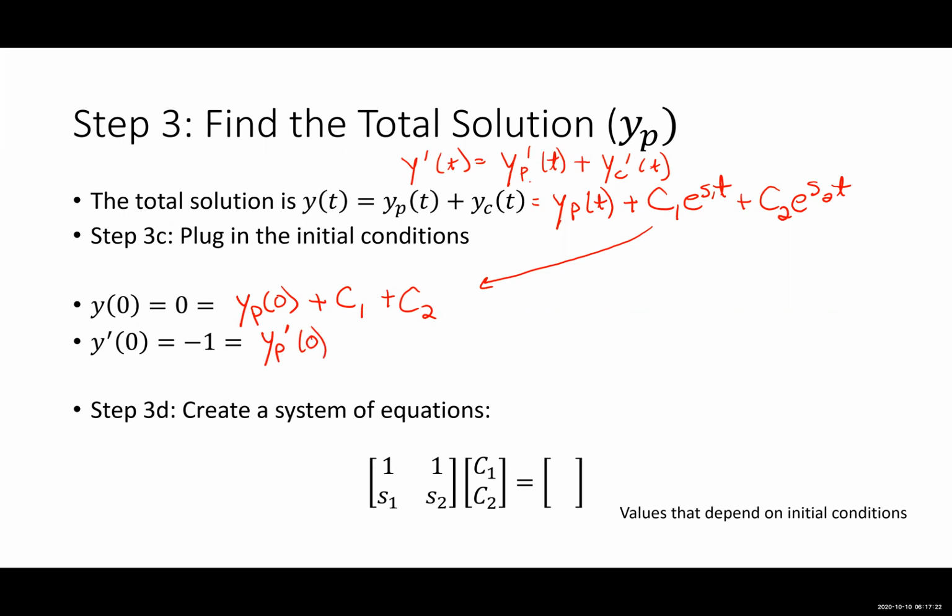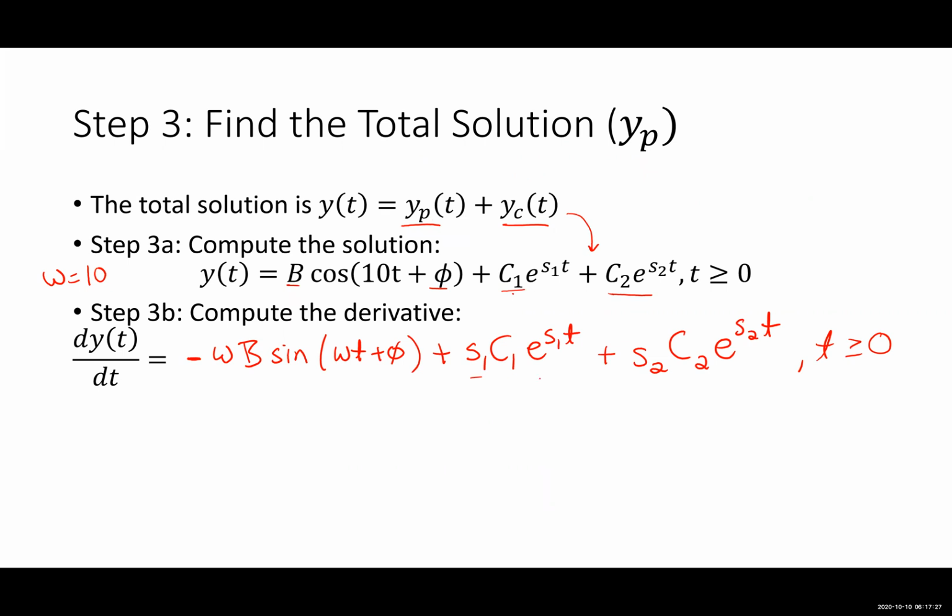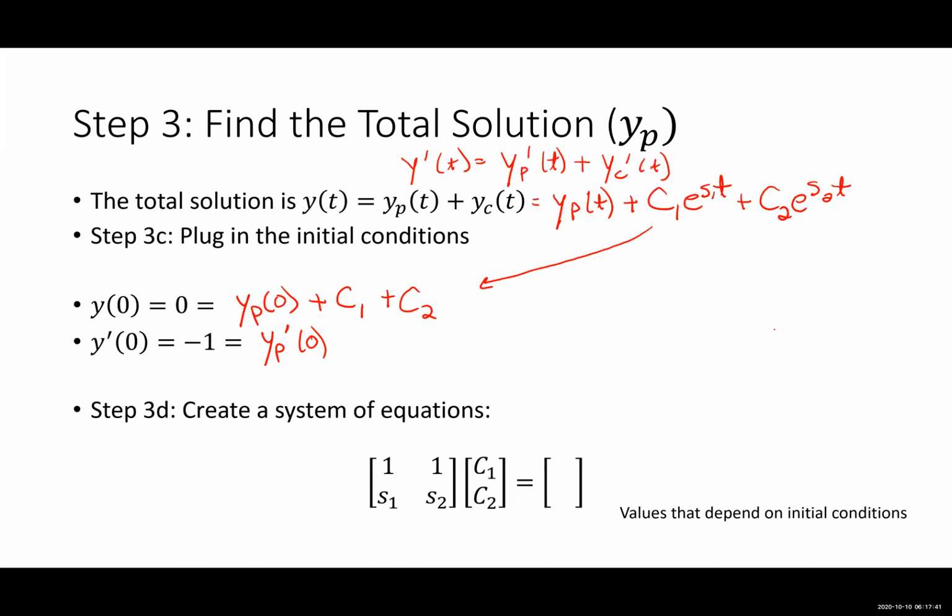That's the derivative of the particular solution. And then over here, we wrote down for ourselves what the transient solution's derivative was. Now notice, again, if I plug in t equal to 0, the exponential terms go to 1. So I'm going to get plus S1 C1 plus S2 C2 like that.